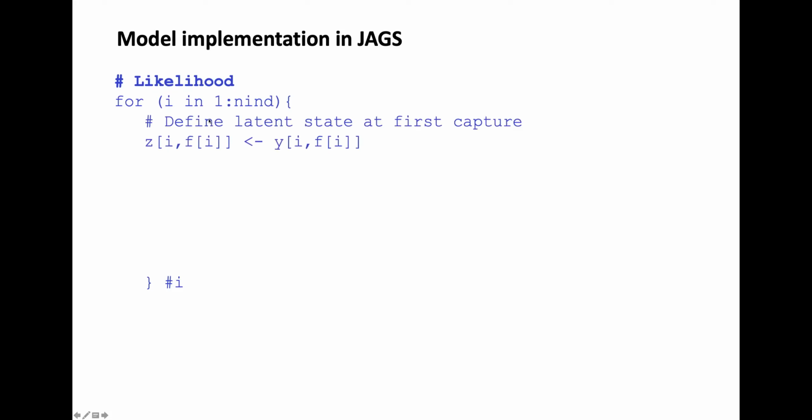Like in the Cormack-Jolly-Seber model, we start by getting rid of what happens at the first encounter. So at the first encounter, that's the state of your individual i at first encounter. Remember the f, which gives you the date of first encounter, the occasion of first encounter.